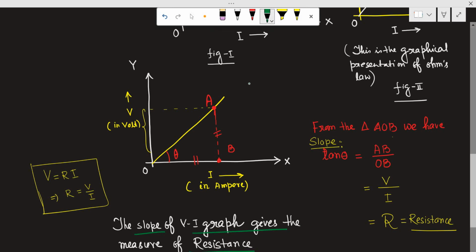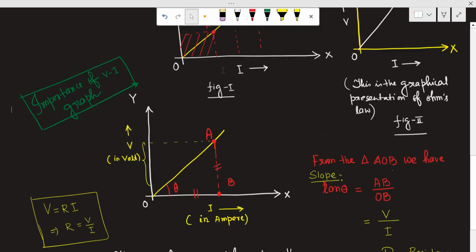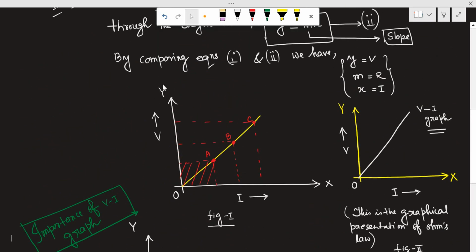Here we can make a heading: importance of VI graph or graphical presentation of Ohm's law. So this is the part which is very important.